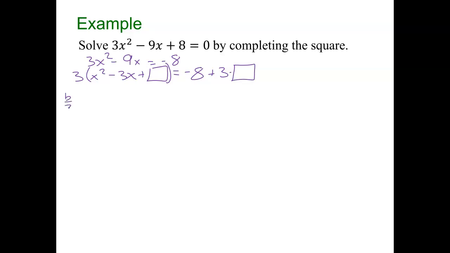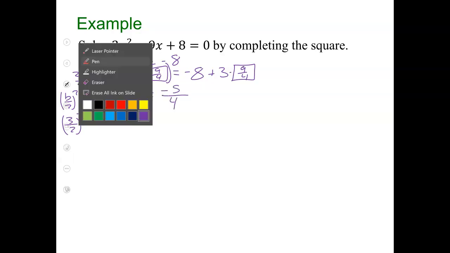B over 2 squared. B is 3. So when we square it, we get 9 over 4, and 9 over 4. Factor and simplify. If my memory serves me right, I think it was negative 5 over 4. Yep.